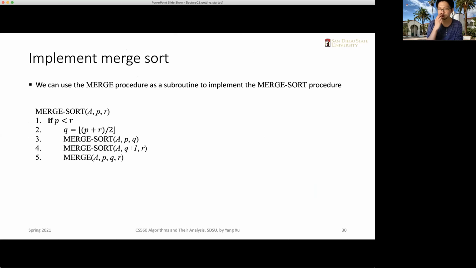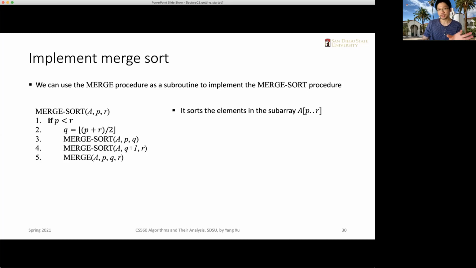Given the input array A, the starting index P, and the index R, it means that we want to sort the elements within the sub-array from P to R.